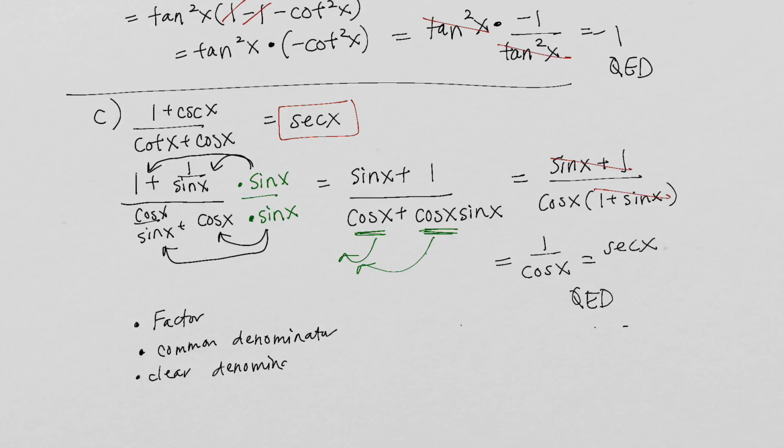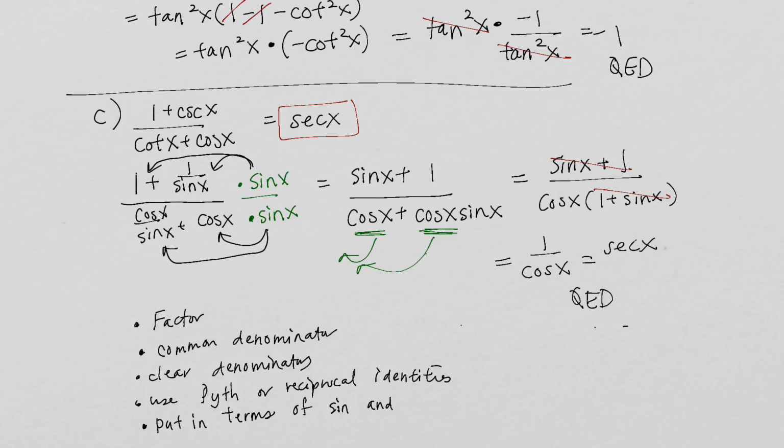Try using Pythagorean identities or reciprocal identities. And when all else fails, put everything in terms of sine and cosine. Sometimes that can make it look a lot more complicated, but then it can open up some other possibilities of using these other strategies if you're at a dead end.